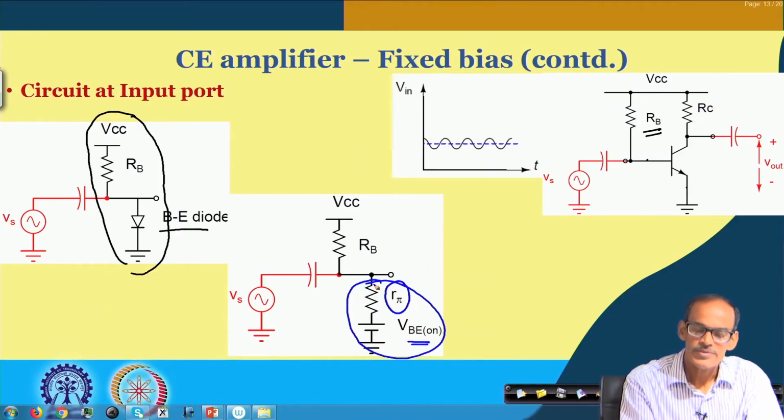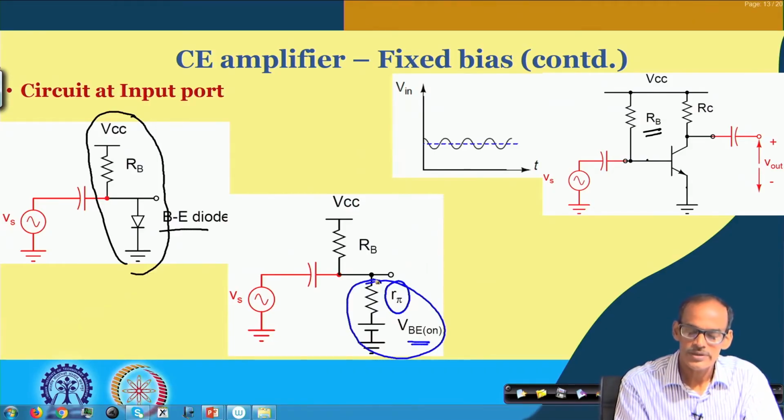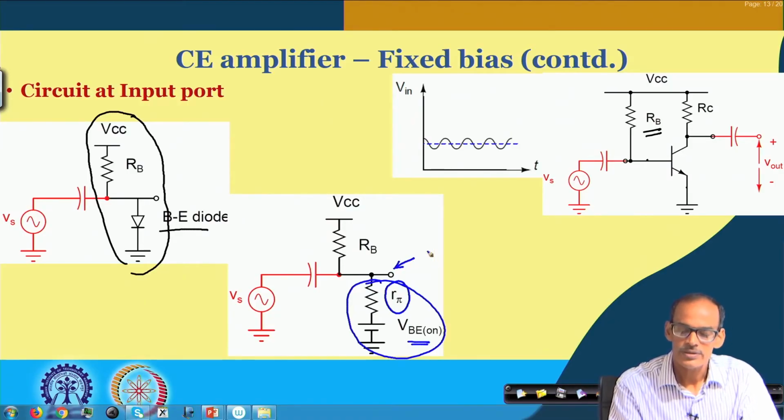Now, once we have the supply voltage and this circuit connected, the DC voltage coming here, I can say, is VBE on plus R pi multiplied by this current, whatever the current we have here, called IB.